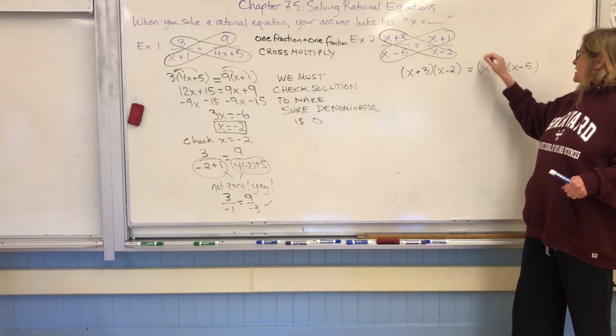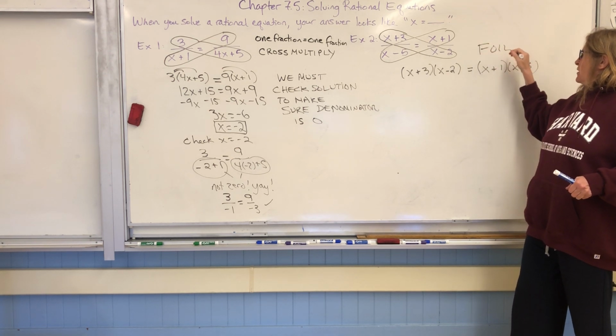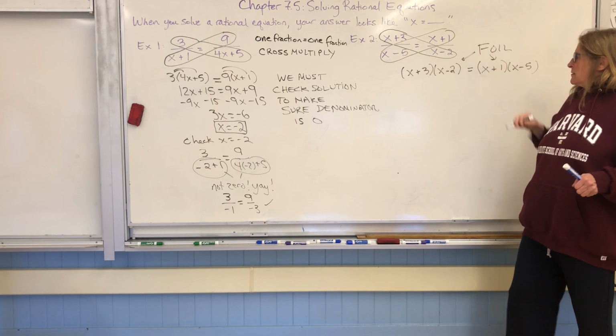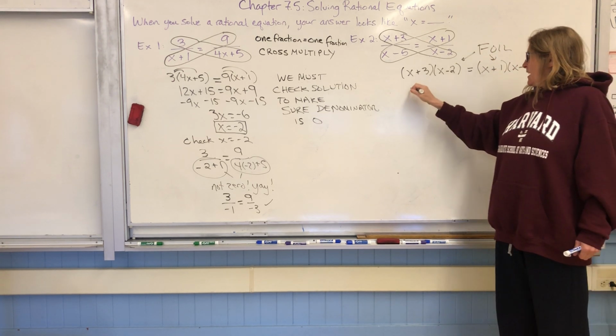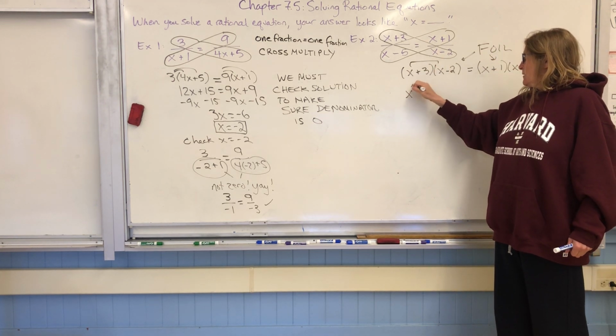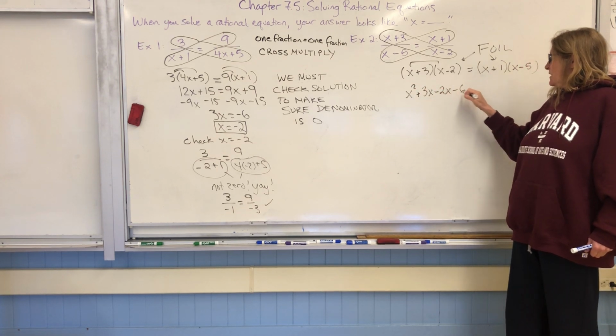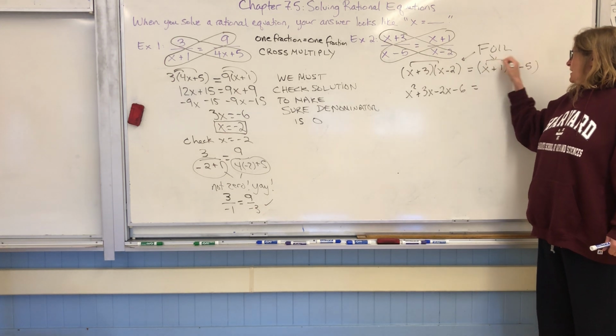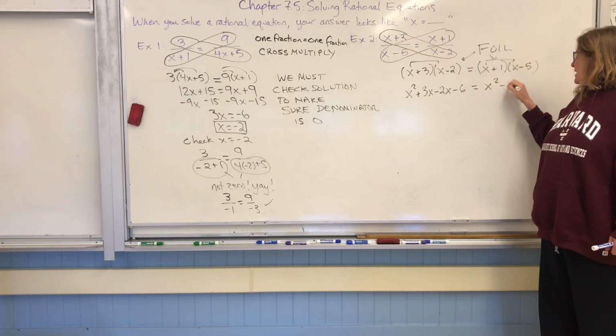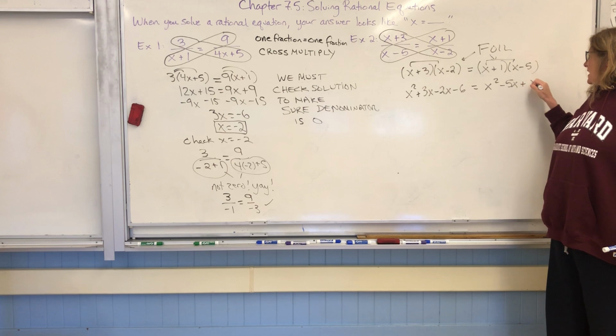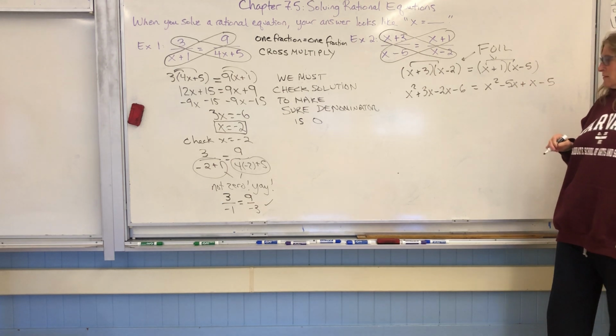And remember, here I need to FOIL both of these. So if I FOIL, I get x squared plus 3x minus 2x minus 6. And on this side I get x squared minus 5x plus x minus 5.